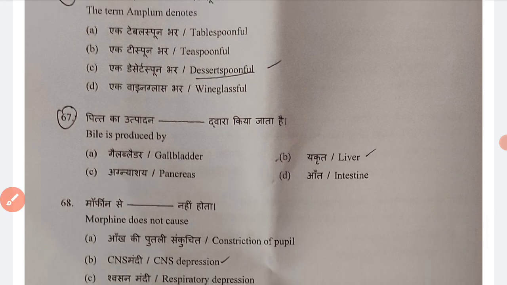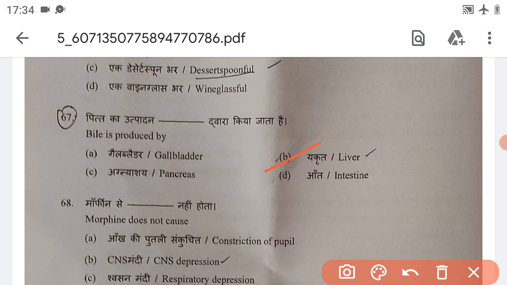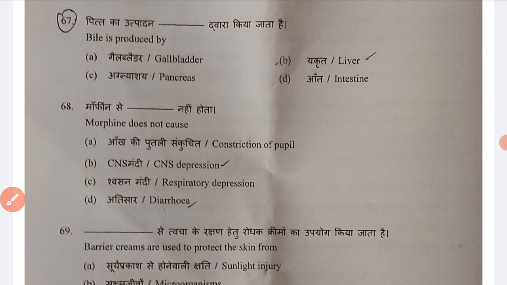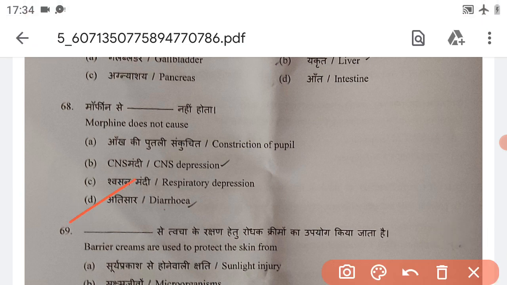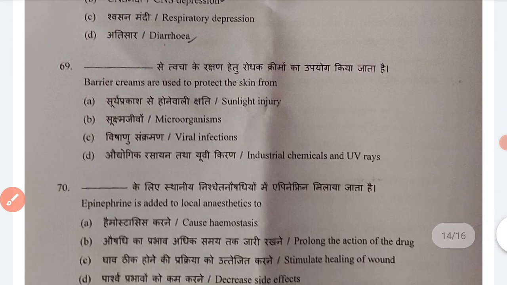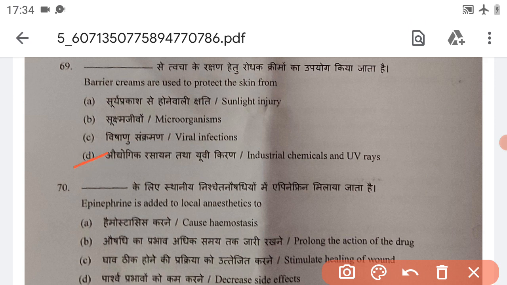Bile is produced by liver and stored in gallbladder. Morphine causes constipation, and in this answer they wrote diarrhea. Barrier cream is used to protect skin from industrial chemicals.